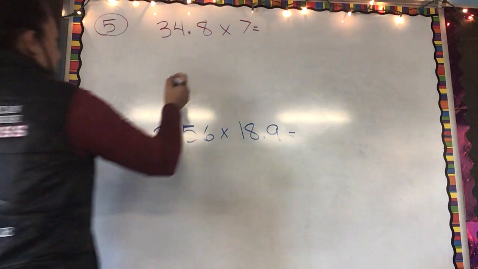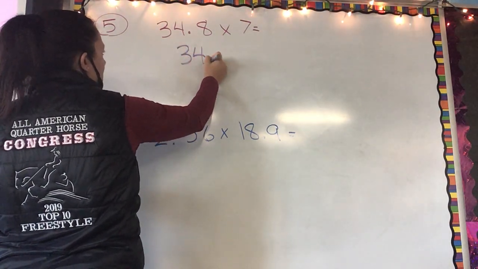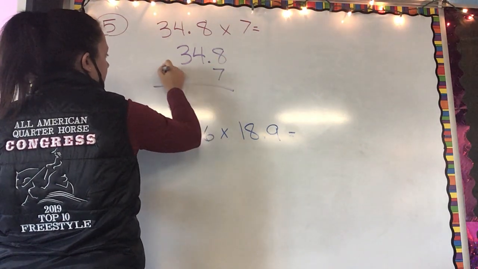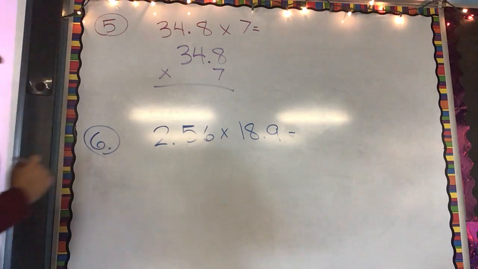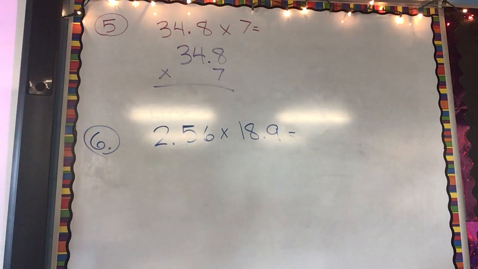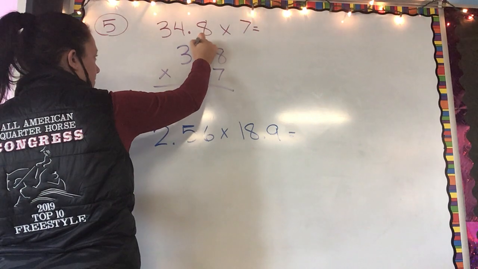Brooklyn, what's my first step in number 5? Line them up. And I always want to put the number that has more digits on the top. Good. And then I need to multiply like Carly, like I usually do, like normal. Good. What's 8 times 7? 56.